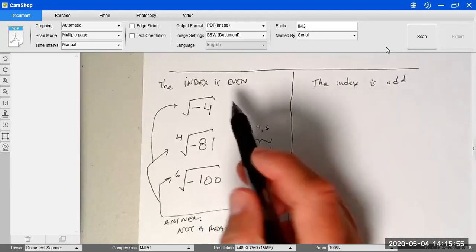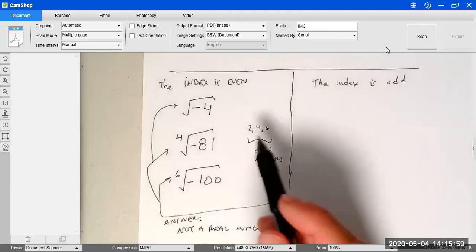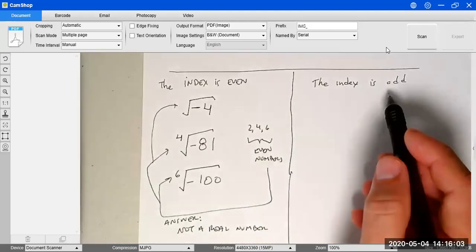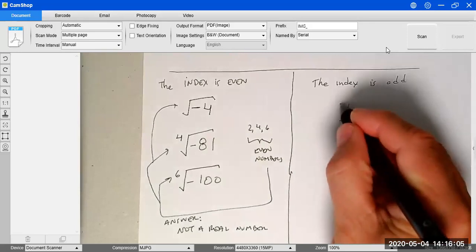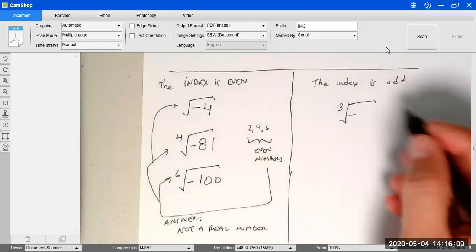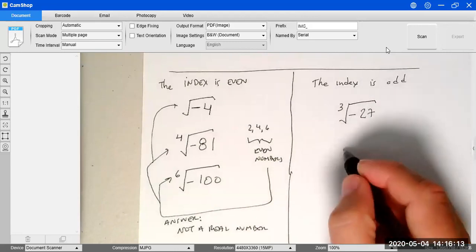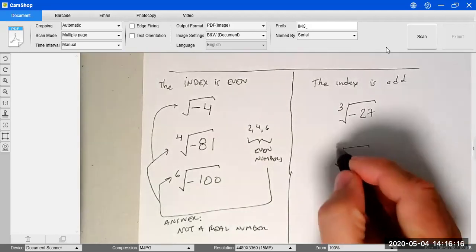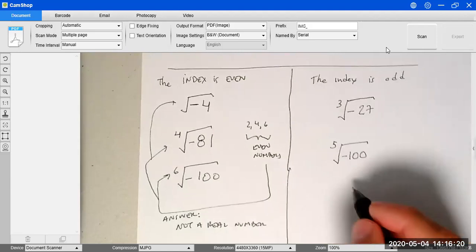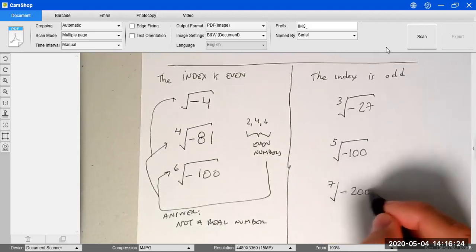So when the index is even, a negative radicand cannot be simplified. You just write not a real number. When the index is odd, for example, you are getting the cube root of a negative quantity here. So let's say negative 27, or you are getting the fifth root of negative 100, or you are getting the seventh root of negative 2000.